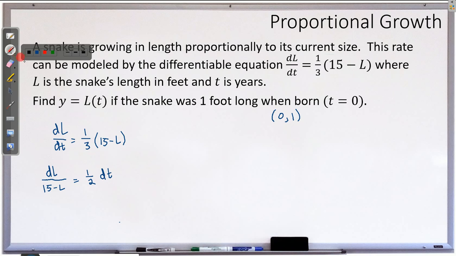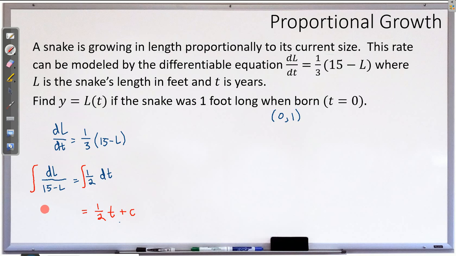We're going to take the antiderivative of both sides. The right side is easy. That will be 1/3 t plus c. And the left side is a little bit more complicated.